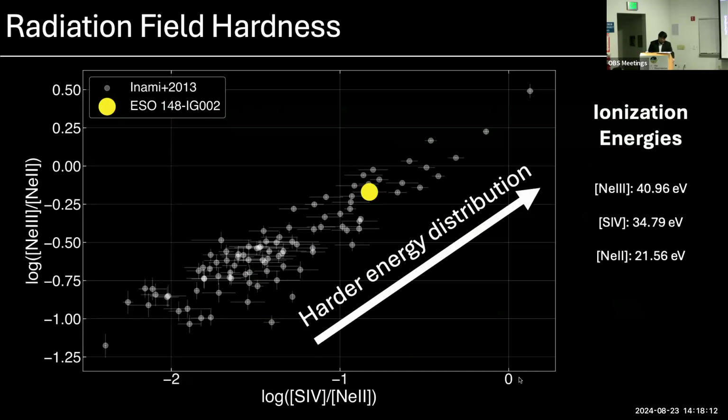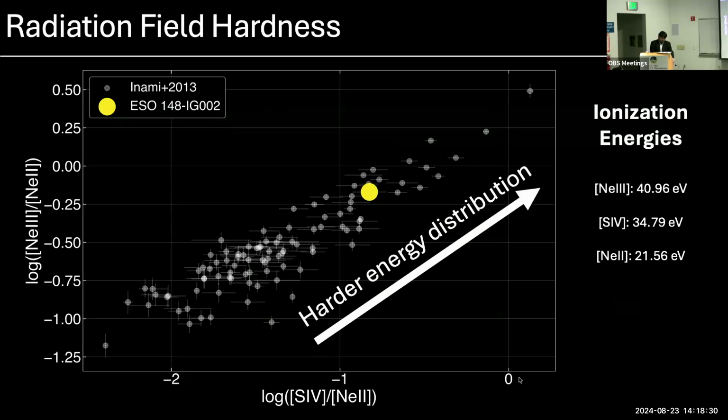When emission lines emit radiation, they're particularly sensitive when the photon energy distribution is on the order of the ionization energy of the line itself. Neon 3 and sulfur 4 are both higher ionization energy lines than neon 2.